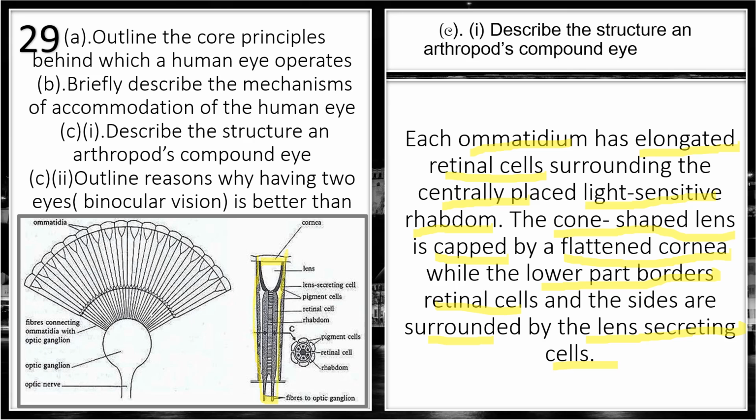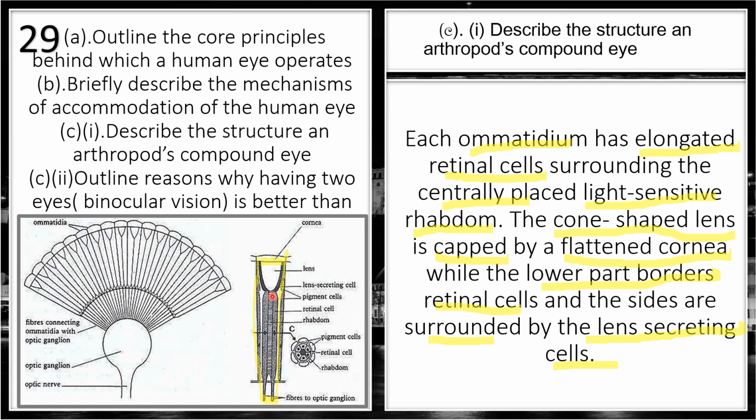And now what we have here in the center, this is the lens. And on the side here we have the lens producing cells. From the lens in the middle we have the rhabdom, the light sensitive pigment.